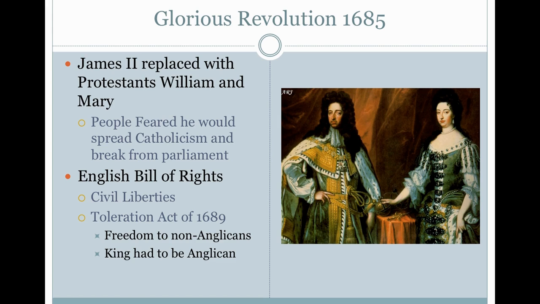And it's under William and Mary that an English Bill of Rights is established. Very important. And it just basically protects the civil liberties of the people of England. It also establishes a Toleration Act, which gave freedom to non-Anglicans. And it actually also said that the king had to be Anglican, again, because at this time there was this fear that Catholicism would come and kind of reestablish itself.